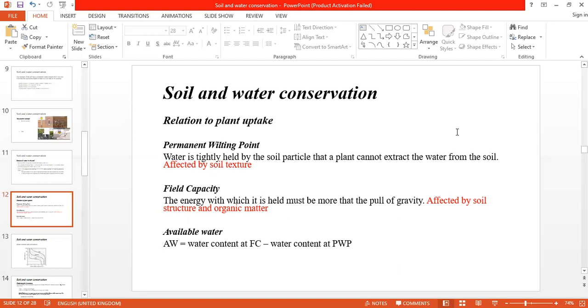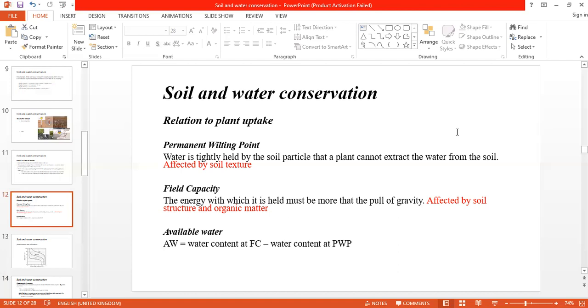Meaning that plant will start to wilt because it doesn't have water. The water will be there in the soil, but the plant cannot extract it because it needs a lot of energy to extract it.